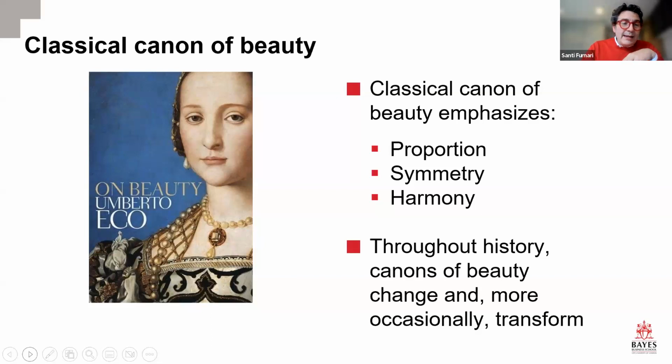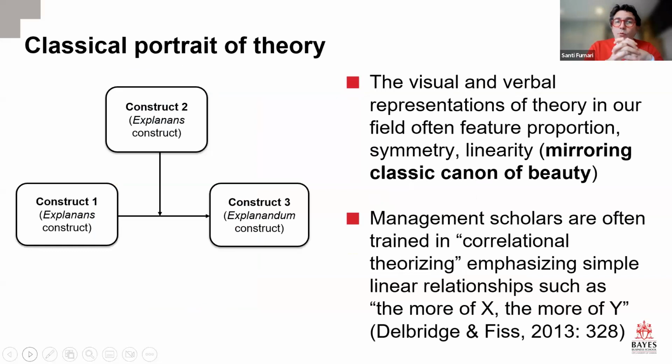And so what came to mind next was perhaps the classic portrait of theory in our field. And again, at the risk of oversimplifying, I think one of the most common visual representations of theory in our field, in organization management theory generally, is arrows and boxes.